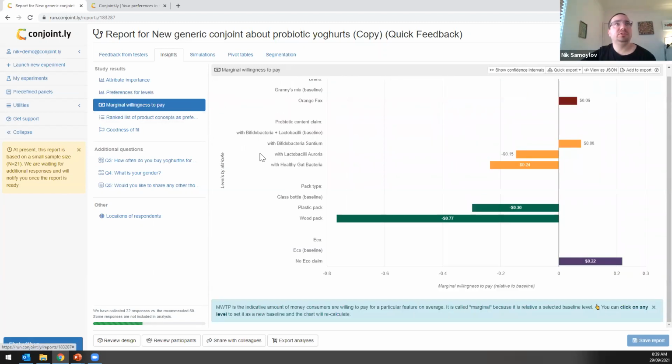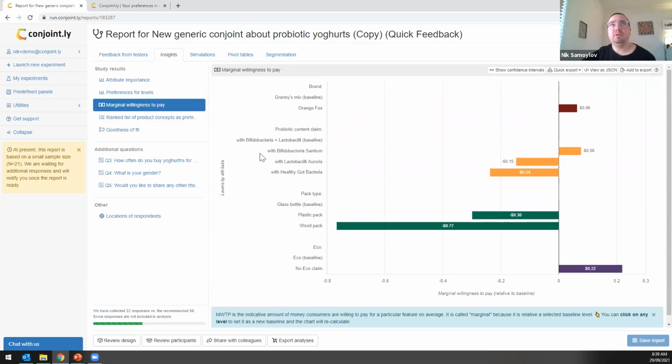Then we can also calculate marginal willingness to pay. So marginal willingness to pay is a metric that allows us to convert those preferences into monetary values. So it allows us to say how much an average respondent is willing to sacrifice in order to upgrade from one feature to another feature.